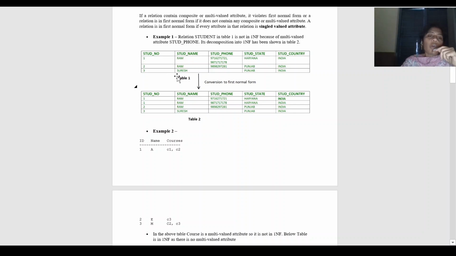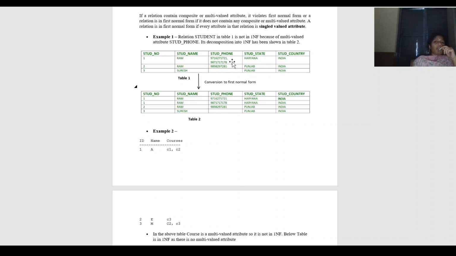In that table, the first column is student number, the second column is student name, the third column is student phone number, the fourth column is student state, and the fifth column is student country. One student is there, named Ram, and he has two phone numbers, that is, two values. It is a multi-valued attribute.